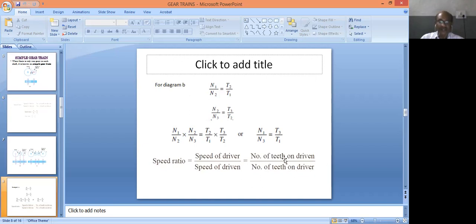What we infer is that the intermediate gear has no effect on the speed ratio. It only serves to get the follower rotating in the desired direction.